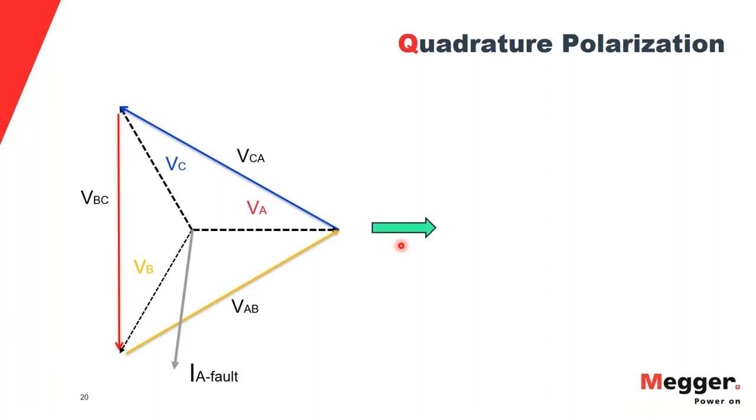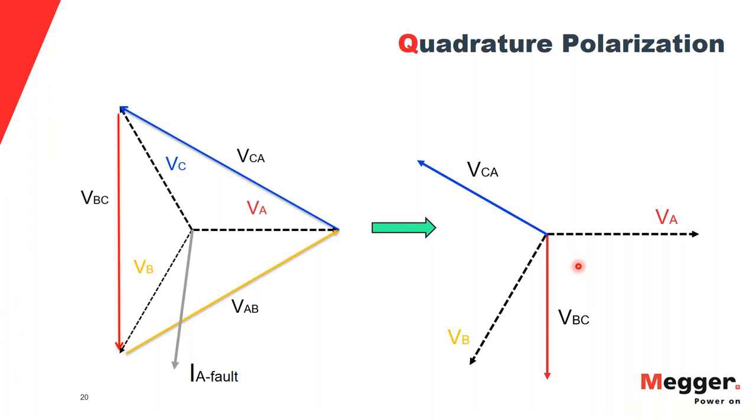So what exactly is the 90-degree connection? The 90-degree angle is between your phase A voltage and the polarizing voltage. You see, I have a 90 degrees between my line to line voltage and line to neutral voltage. So I would use VBC as my reference whenever I see a phase A fault. I would use VCA as reference whenever I see a phase B fault.